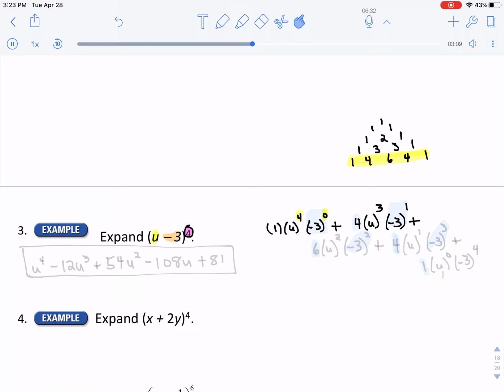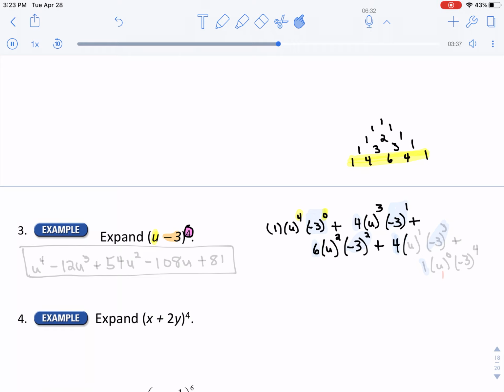And I'm going to run out of room, so I'm going to move it to the next row. Next number in our Pascal's triangle is the 6. So we put 6 times the first term, which is u. Now the exponent was a 3, so now it goes down to a 2. Our second term is a negative 3. The exponent was a 1, and it goes up 1 to a 2. Then we put a plus sign. Our fourth number in the Pascal's triangle row is a 4.